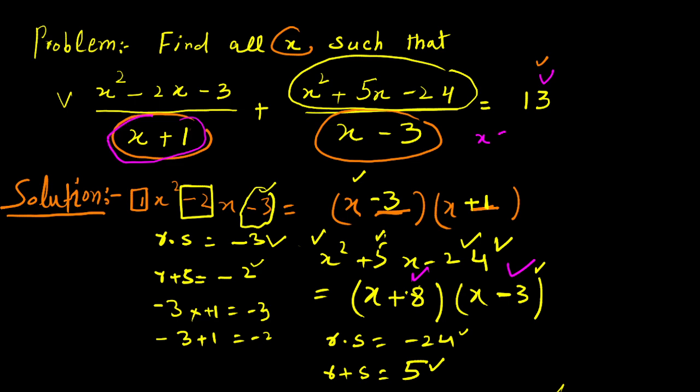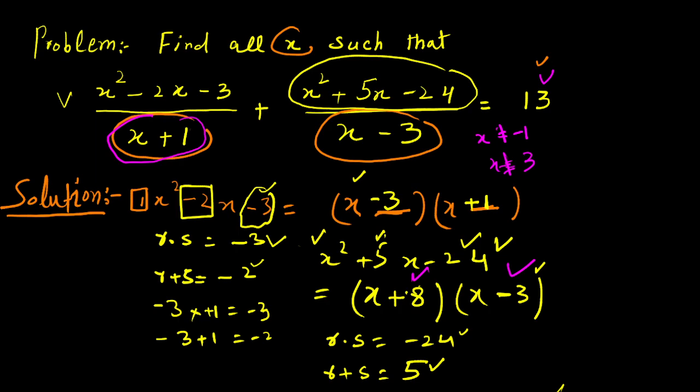If you put x equal to minus 1, it makes the denominator of the first fraction 0. And if you put x equal to plus 3, it makes the denominator of the second fraction 0. You can't divide by 0, because in mathematics division by 0 is not allowed. So x is not equal to minus 1 and x is not equal to 3 here. These two values can never be the solution of your expression.